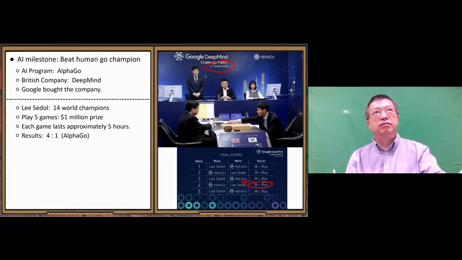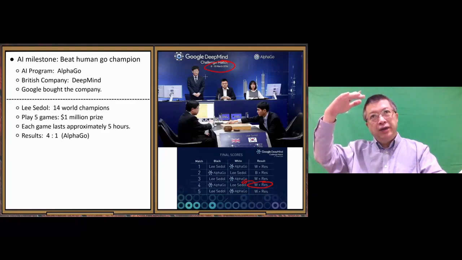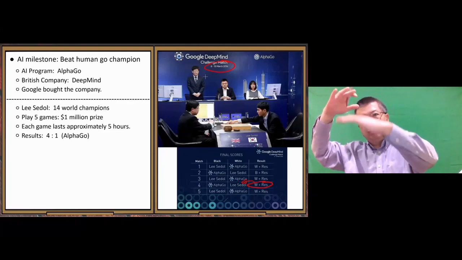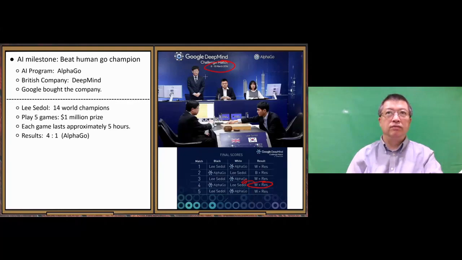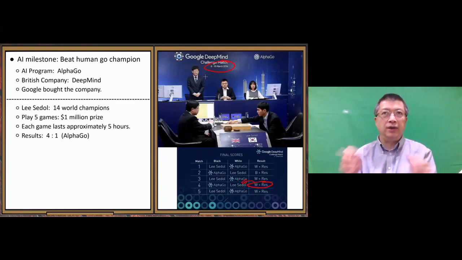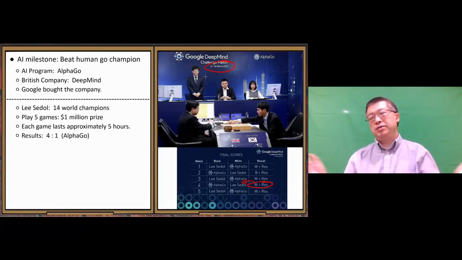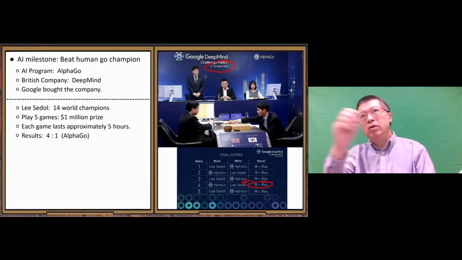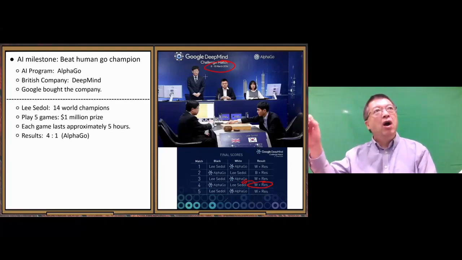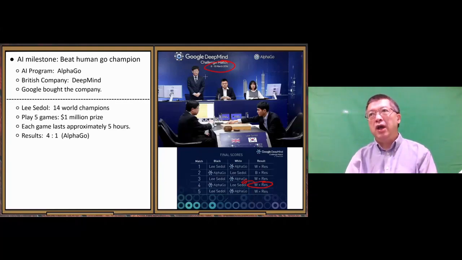At a certain point, AlphaGo already led Lee Sedol by a huge margin with respect to controlled territory. Suddenly, AlphaGo collapsed. That means it made horrible moves, five consecutive horrible moves, and gave that game away to Lee Sedol.